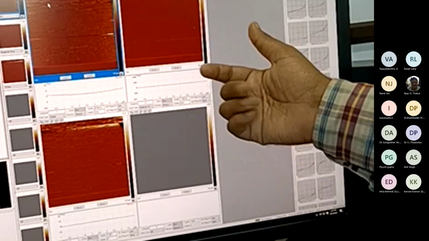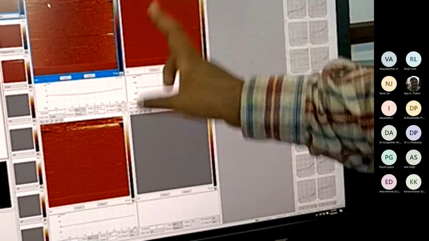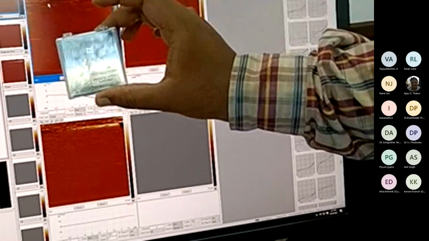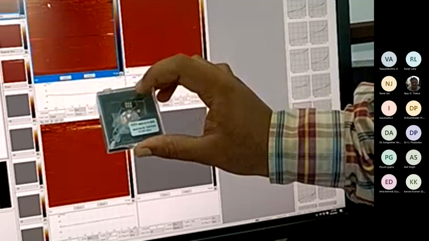So for that, capacitance measurement is required, and we can do that here also. Apart from that, we can also do MFM, Kelvin probe microscopy, and we have an EC cell also. EC cell in fluid. This is a setup for it. This is basically the holder, and we can put our fluid here and do the EC cell experiment.